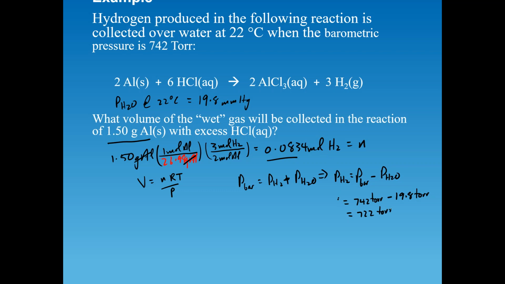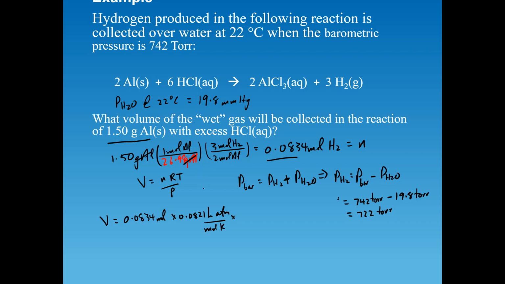All right? So all we have to do now is to find the volume by plugging the numbers in. We know what the number of moles is, as we said before, that's 0.0834 moles times R, which is 0.0821 liters atmospheres over mole Kelvin times the temperature, which is 22 degrees plus 273, that's 295 Kelvin.